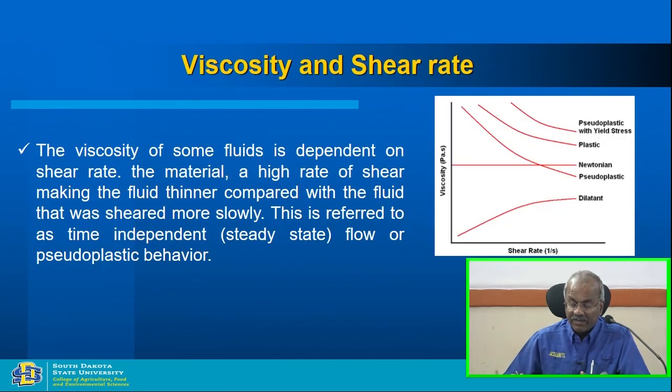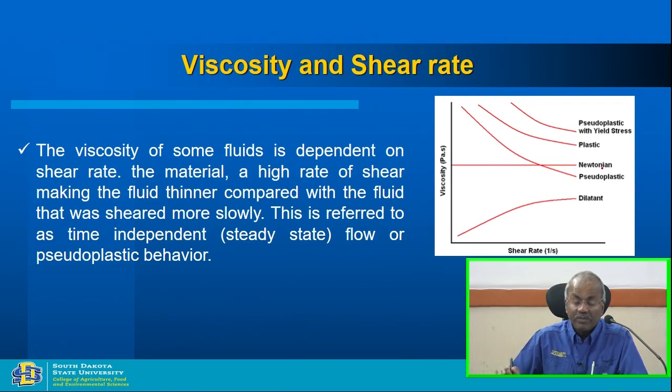And also we know that the viscosity of different fluids is influenced by shear rate, how much we are shearing. A higher rate of shear makes the fluid thinner compared to a fluid that was sheared more slowly. That's why we call it time independent steady state flow, or pseudoplastic behavior.